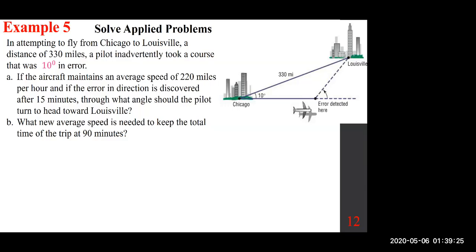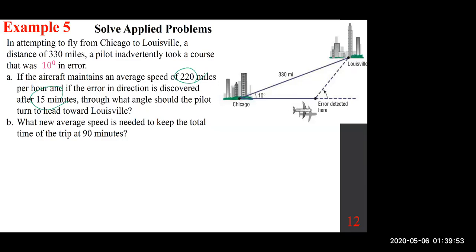Okay, let's do this. First and foremost, we are going in a wrong direction for, let's see, how long? 15 minutes, okay? And what is our speed, everybody? We are doing 220 miles per hour.